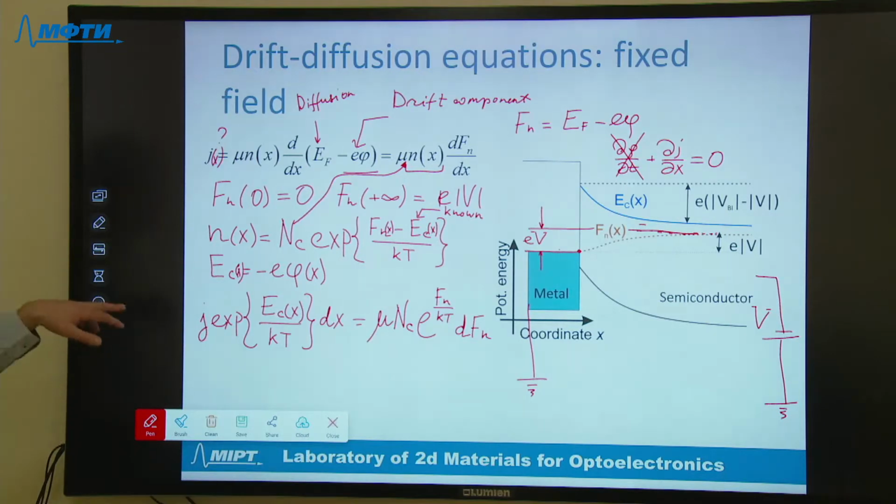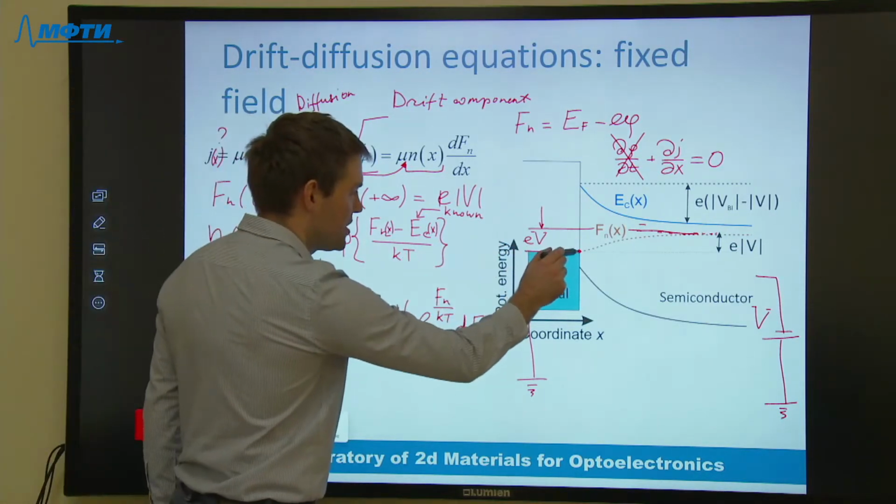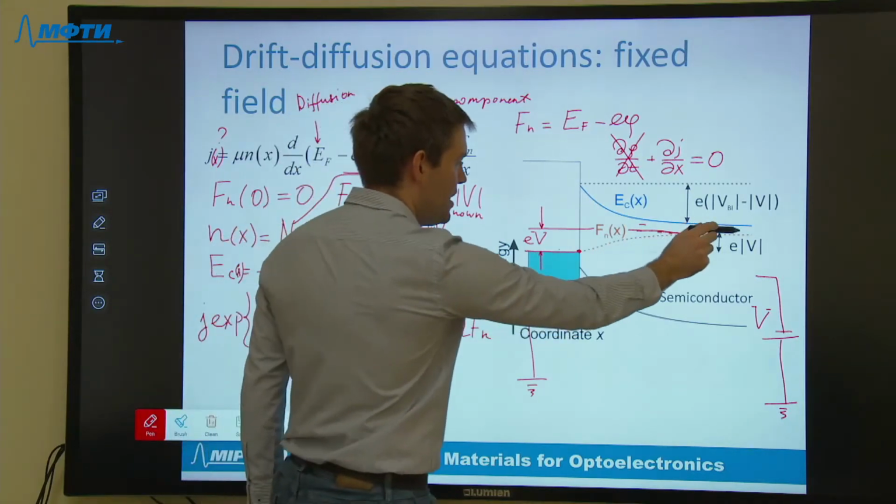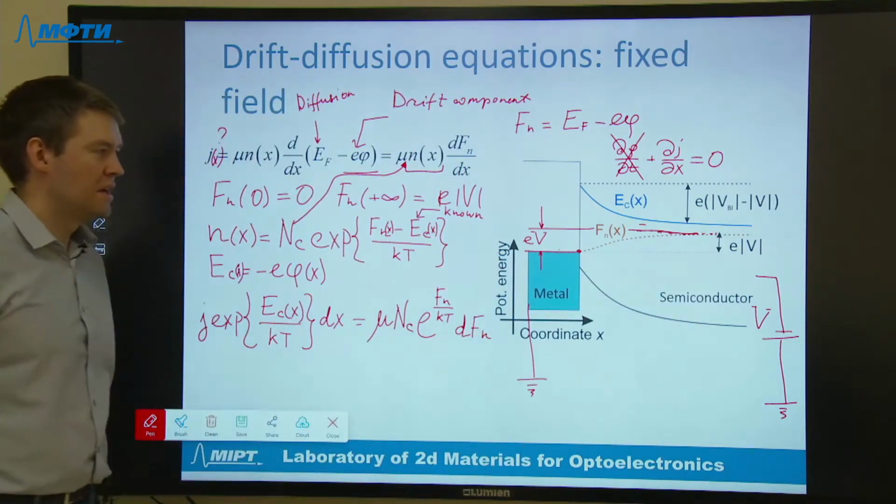And now both parts of this equation can be integrated from one contact at 0 to another contact at infinity.